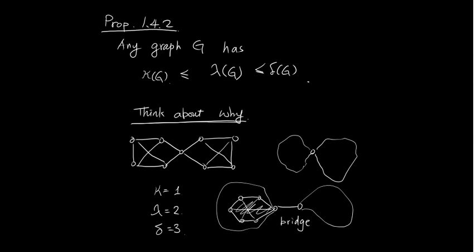Okay. So every vertex has a lot of edges incident to them. But there is a bridge. So lambda is equal to 1, and delta can be as large as possible, whatever you want. So we have such an inequality, but the inequality is not tight most of the time.